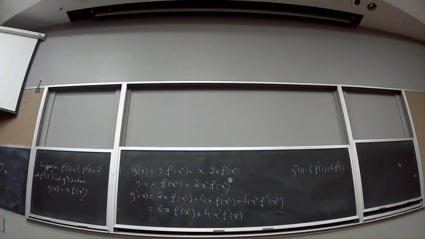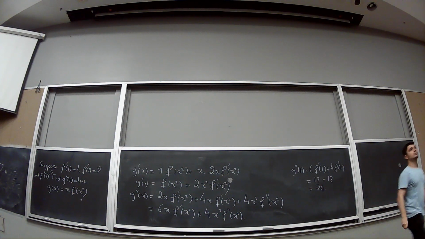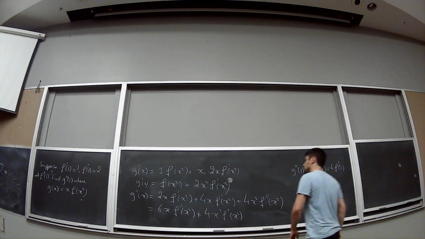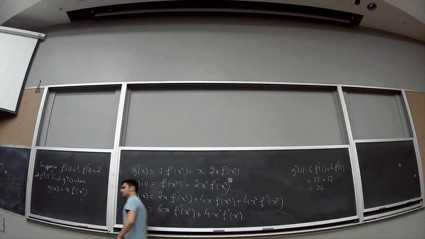I should have picked f double prime of 1 to be 1 and f prime of 1 to be 1, but that's fine. So 6 times 2 is 12. 12 plus 12 is 24. Oh, it's not bad actually. Is that good? Yeah? Great. Awesome. Okay, so things like that, please be comfortable with.